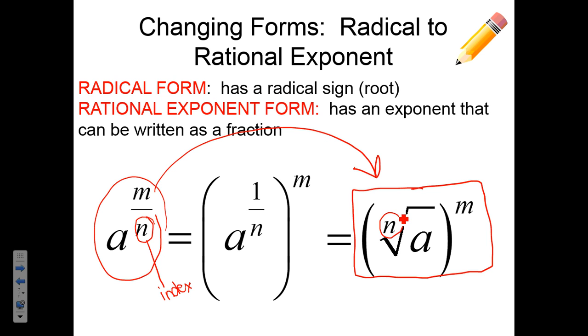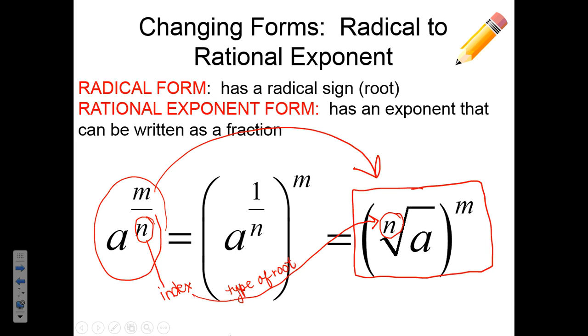That is also known as what type of root I'm working with. Okay, the m represents what power I am raising my root to. So am I raising my root to a 1? Am I raising it to a 5? So the m represents what I'm raising my root to.